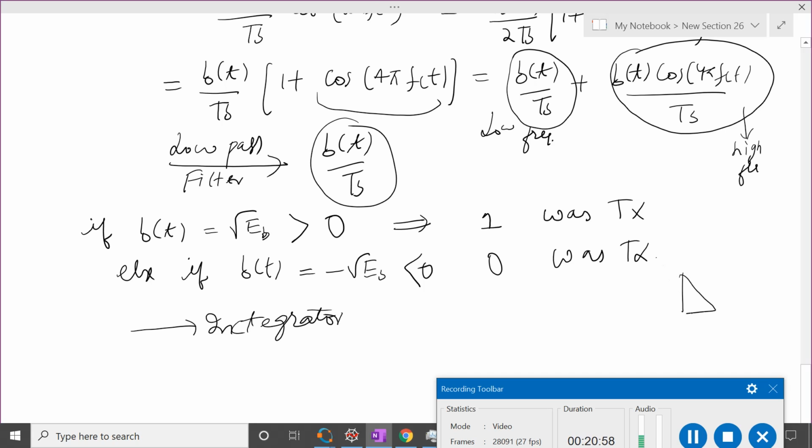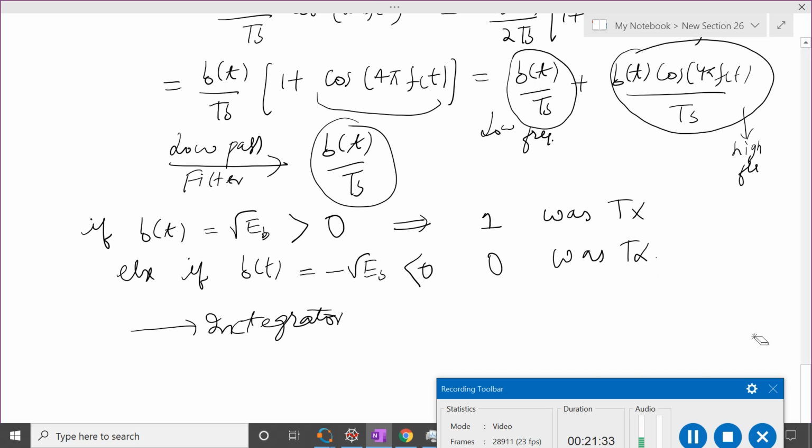Something like this: you might have seen the op amp, and there is a capacitor here, in shunt. This is the integrator. This circuit will allow only low frequency signals but not high frequency signals.